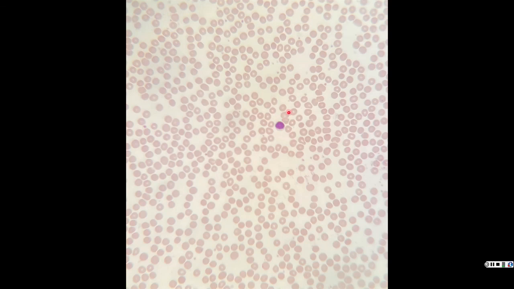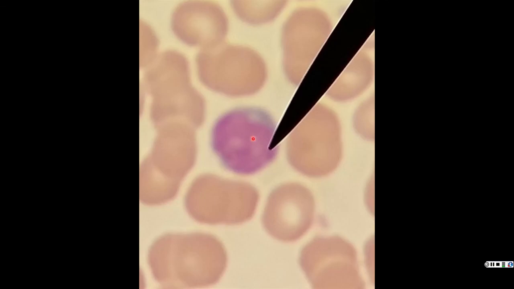Again, lymphocyte. And very zoomed in, not too clear of an image, but that was just because I magnified it so much. Very large nucleus, very small halo of pale blue cytoplasm, just a little bit off to one side.